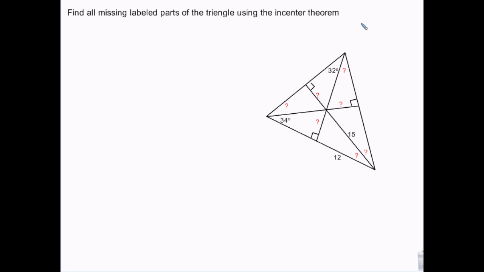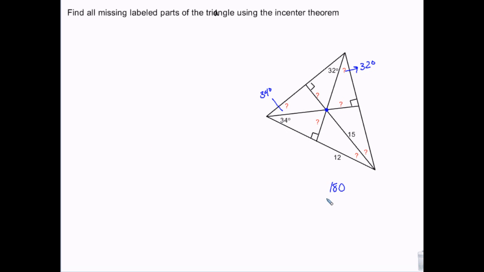We're going to find all the missing labeled parts of the triangle using the incenter theorem. So what we're going to say is that this is an incenter. Because this is an incenter, that means that these are angle bisectors. Because these are angle bisectors, those match. Now I don't know these, but that's okay because I've got that this is 64 total, and this is 68 total.